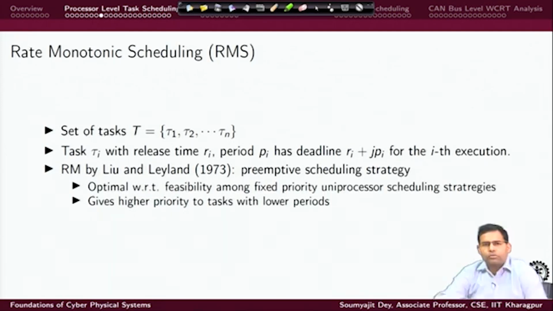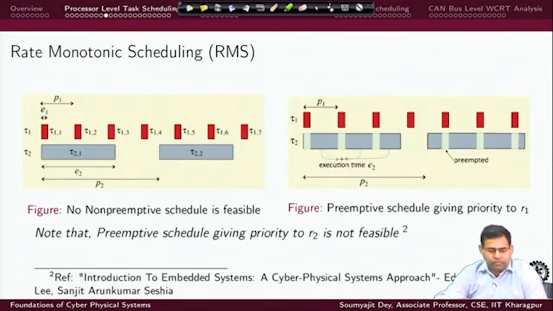The one with the lowest period, if it is there, just execute it. It is as simple as that. So, it can be implemented in a very lightweight manner, and that is why RM scheduling is still extremely popular in real time systems. So, we will just try to argue why this is optimal with respect to feasibility.